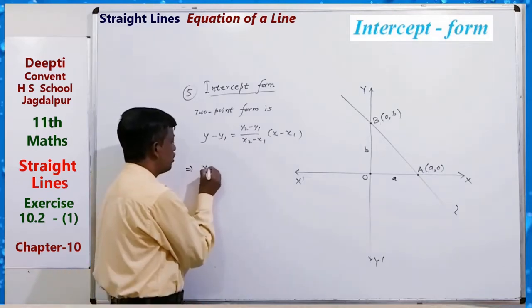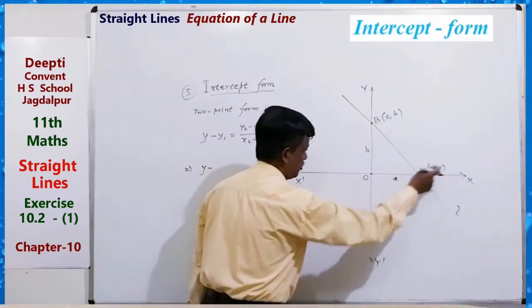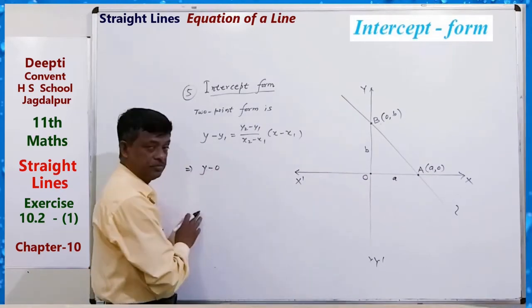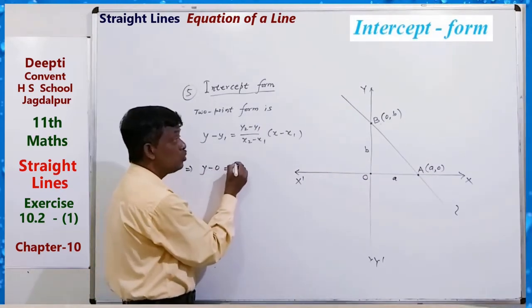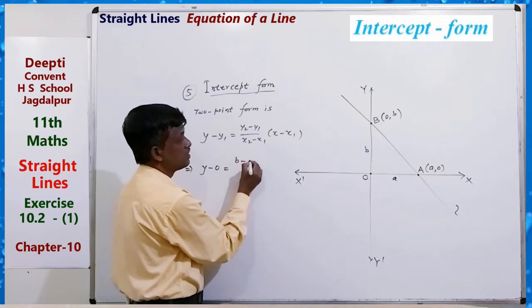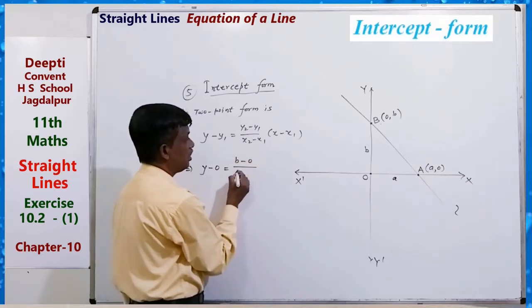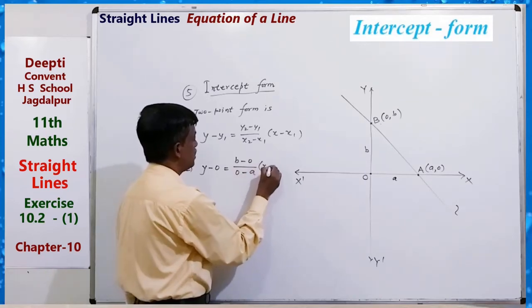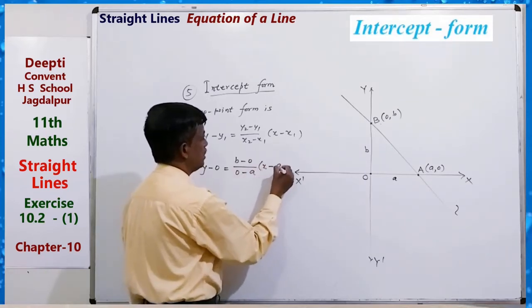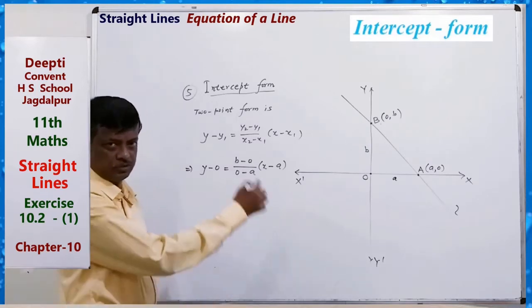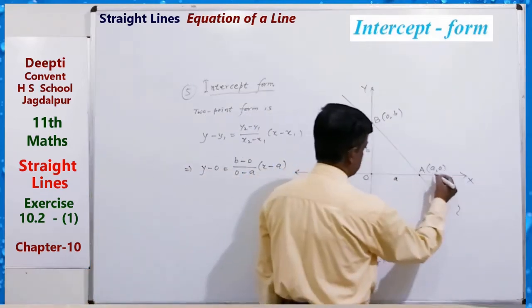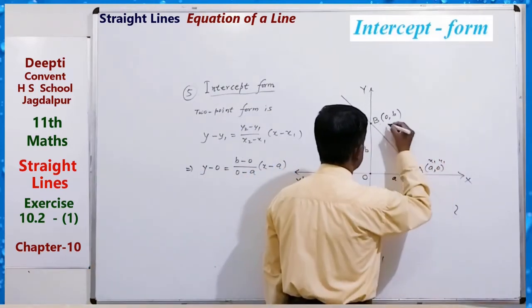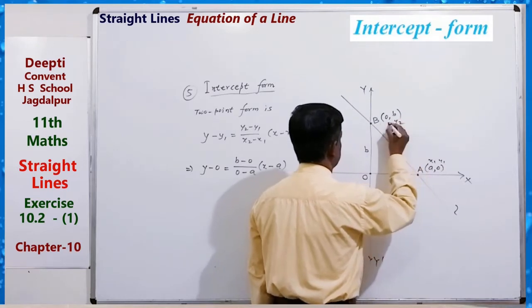So y minus y1, suppose this is x1 y1, so y minus 0 equals b minus 0 upon 0 minus a times x minus a. This is x1 y1, this is x2 y2.